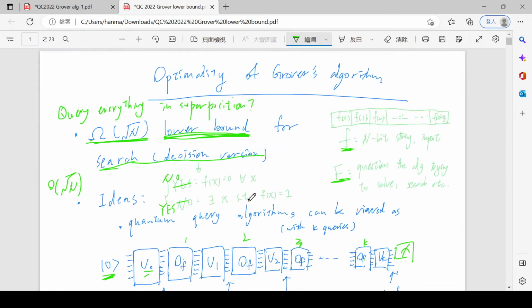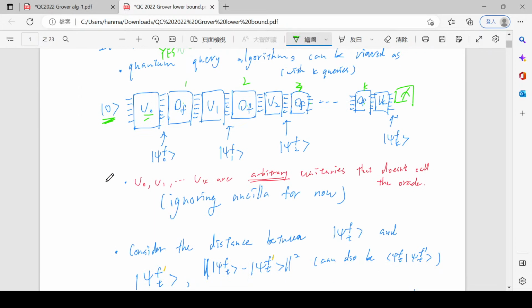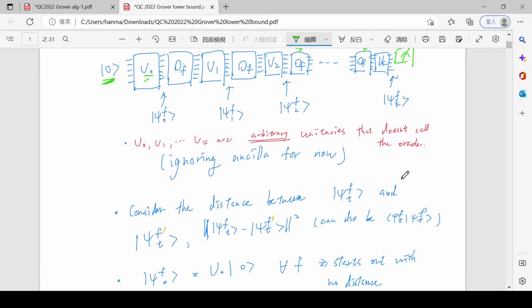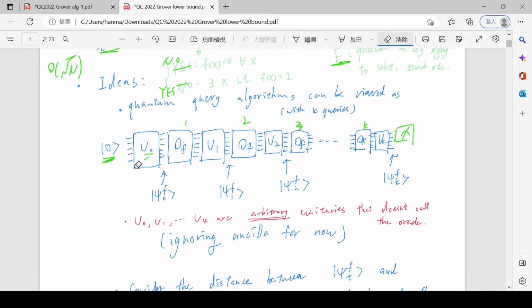The way we are tracking how many queries we use is by tracking the distance between quantum states.